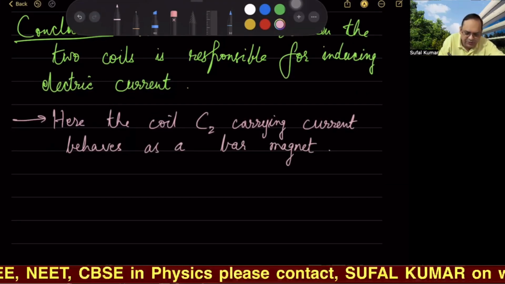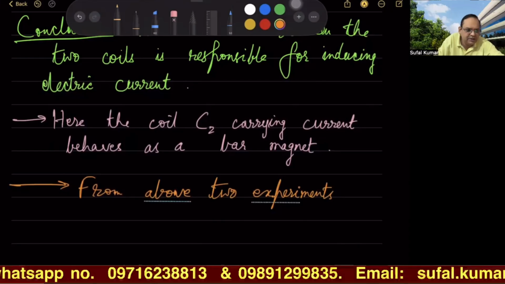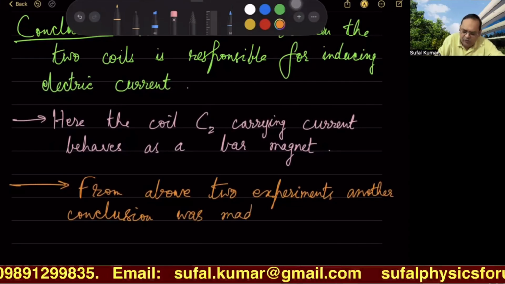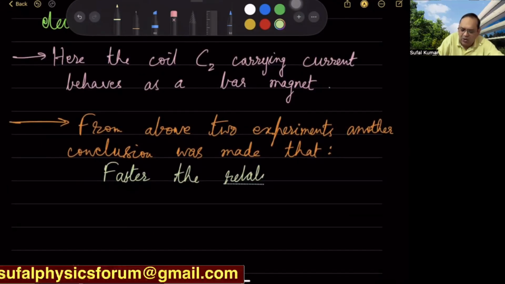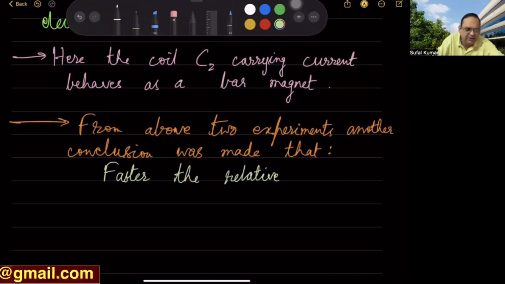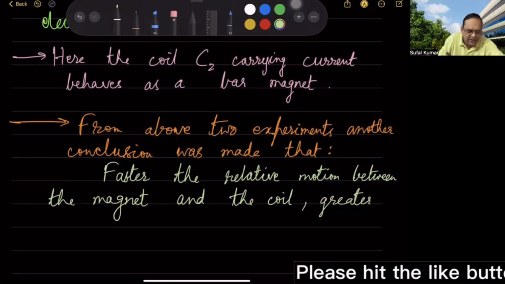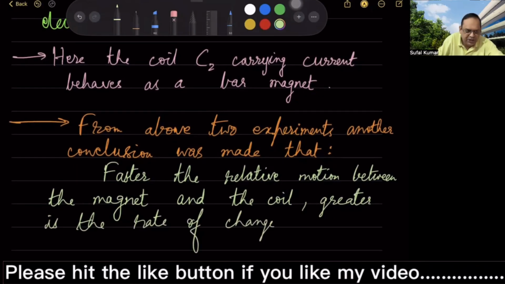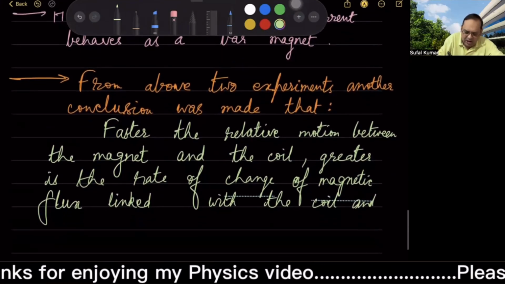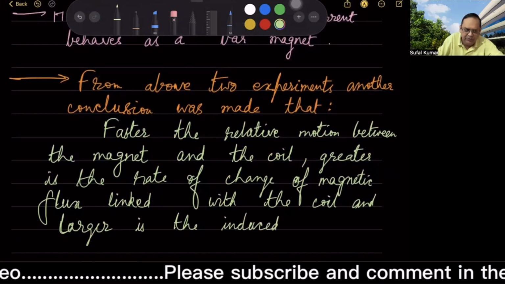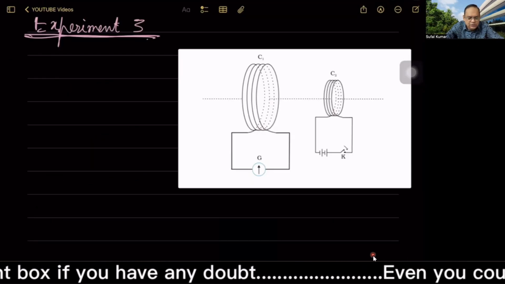One more conclusion from these two experiments: faster the relative motion between the magnet and the coil, greater is the rate of change of magnetic flux linked with the coil, and larger is the induced current set up in the coil. Just a few minutes ago, I discussed this point. Then experiment number 3, so here we go.